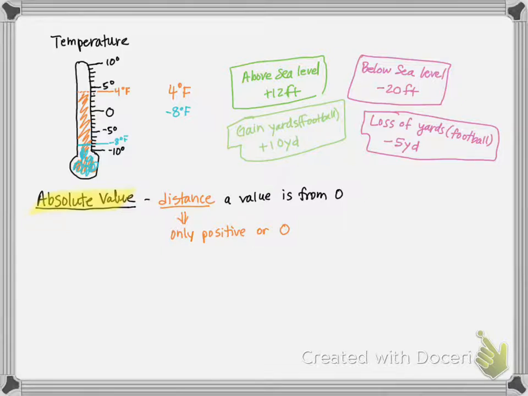So again, we're going to talk about positive distances are to the right of 0 on a number line. So it's just a direction.